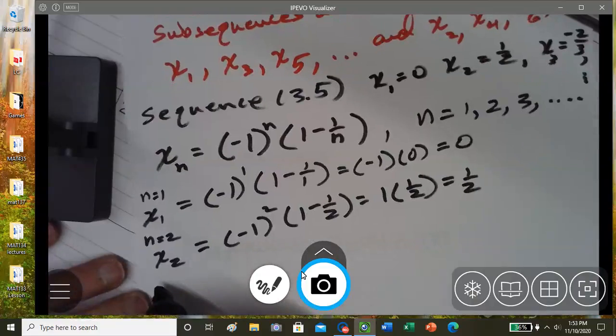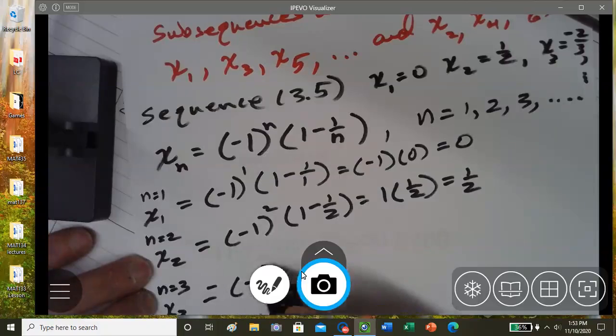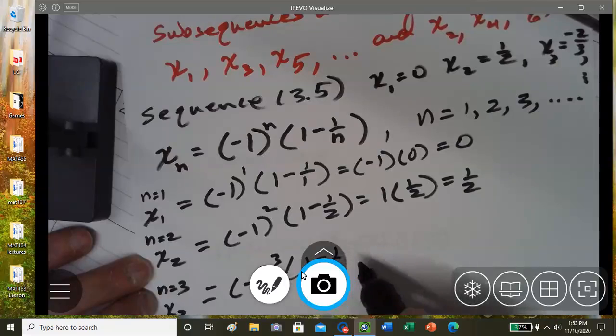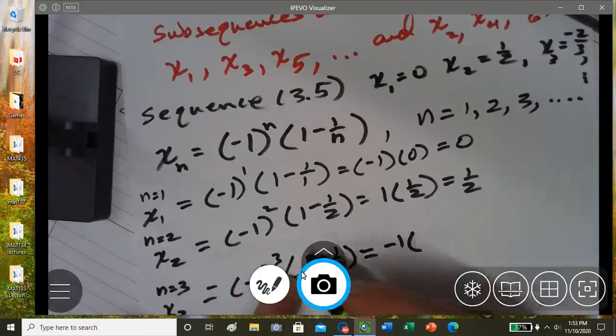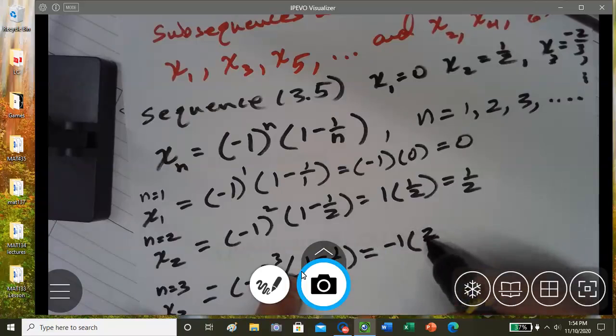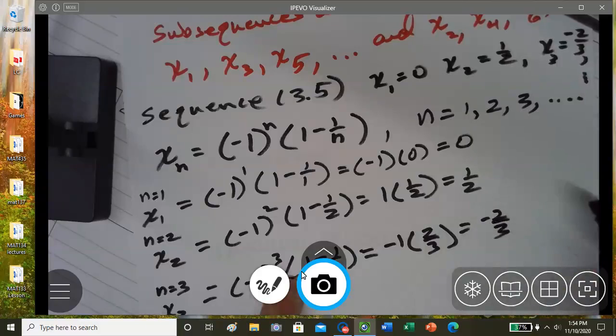And then n equals 3 would be x sub 3, and that equals negative 1 cubed times 1 minus 1/3. Now this becomes a negative, and we get negative 2/3.